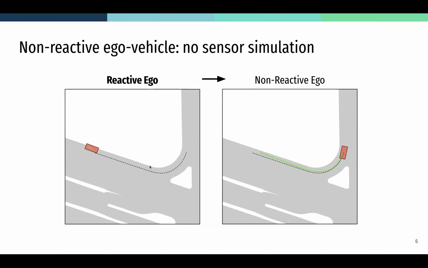So what we do instead is make the ego policy non-reactive. Here, in the exact same situation, you have the prediction made by the policy in the very first frame. We roll out the entire simulation while holding this plan static.